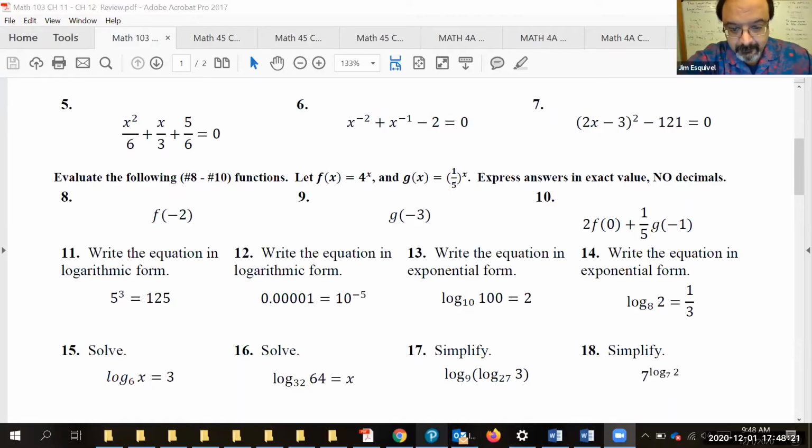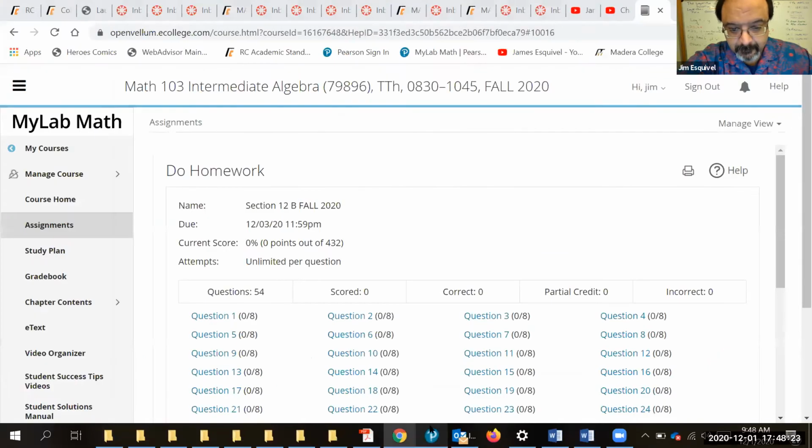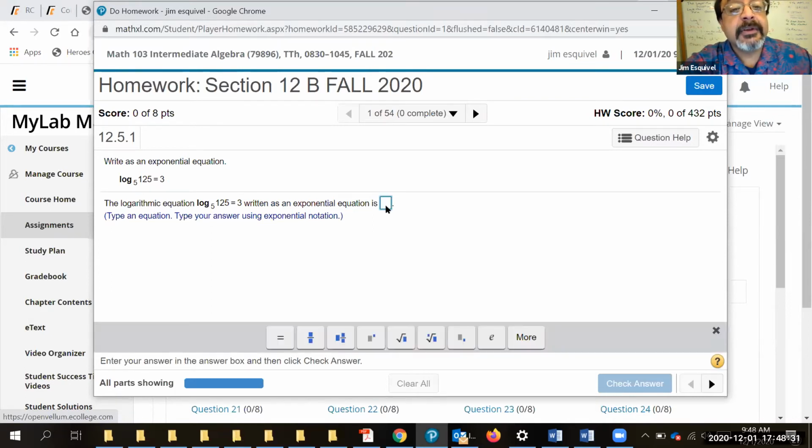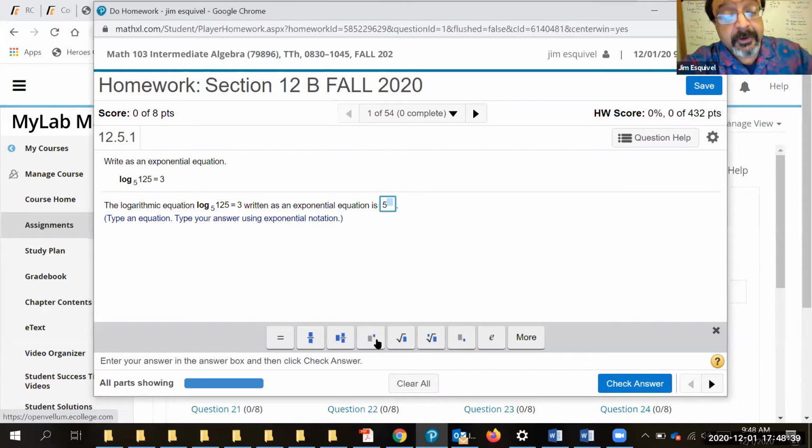So here we go. Base 5 to the across 3. As an exponent, 5, and then here's the exponent button, superscript, 5 to the 3rd. Base 5 to the across 3 equals what's inside, 125.